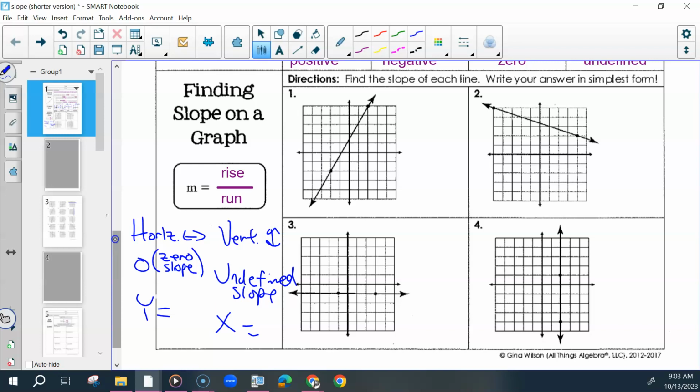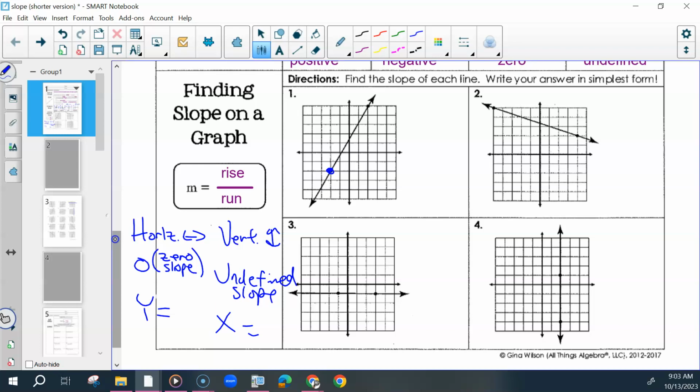Isn't it y first? Sorry, -1, 0. So this one's not quite on the line. It's super close, but not quite. But this one would be -2, -2. So when you're looking for your ordered pairs, it's x and then y.